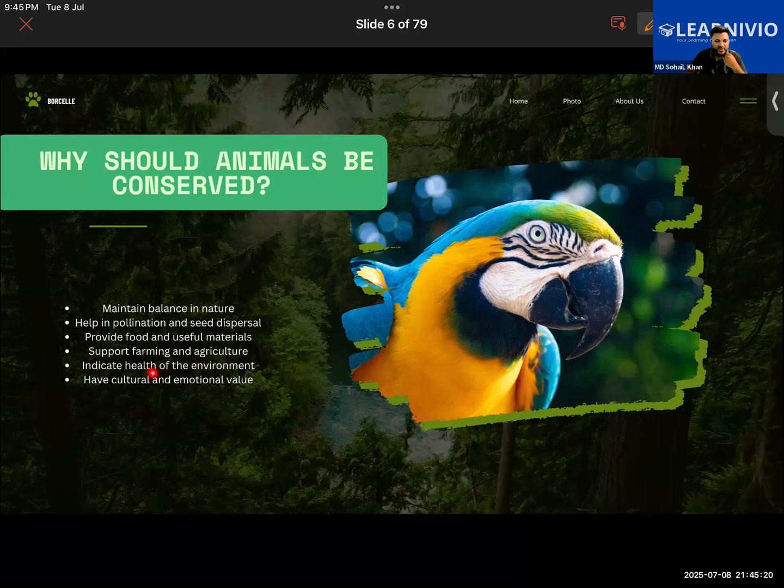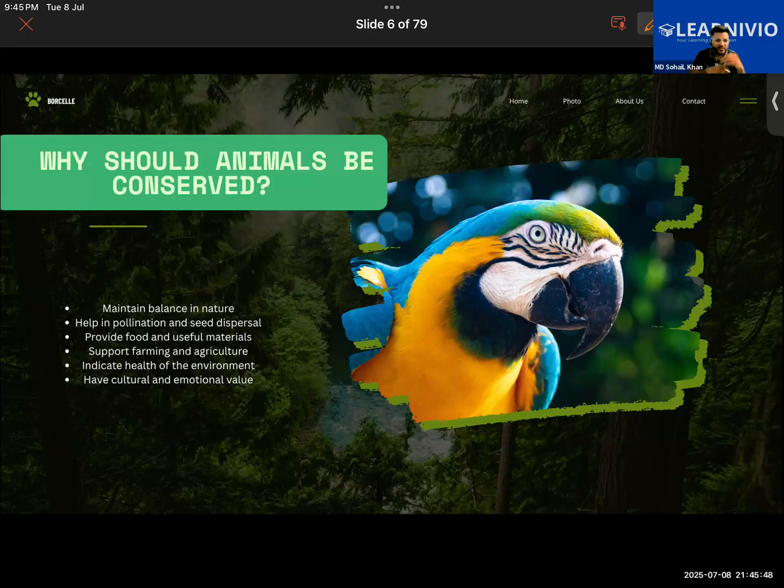Further, they also indicate the health of the environment. Like how the presence of animals in a given area will indicate the health of the environment. Some animals eat grass, they also inhale oxygen, right? So they'll be outside more than us, so they'll know the environment more.